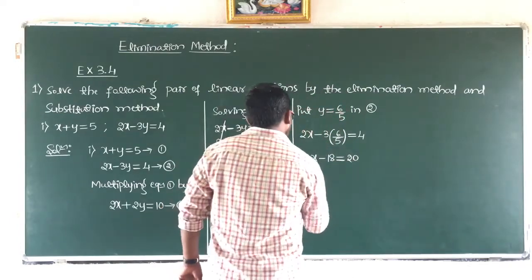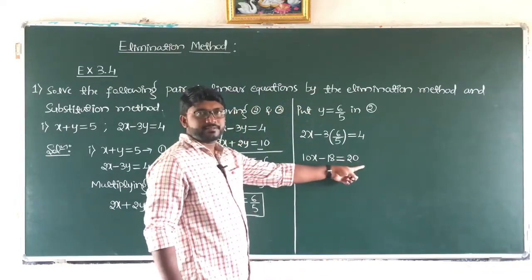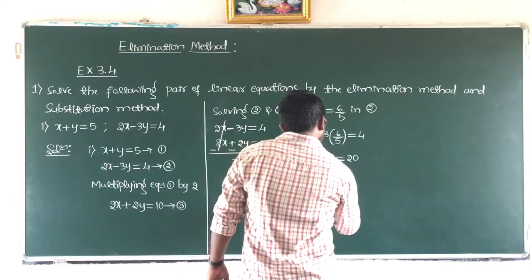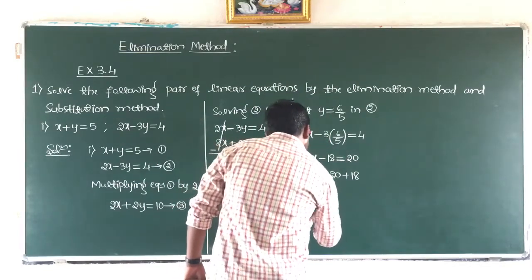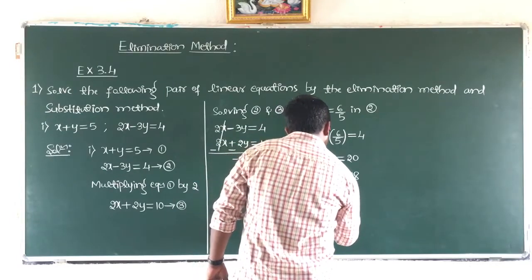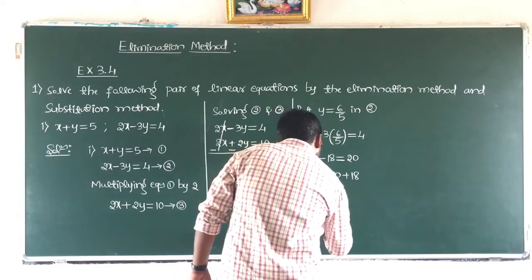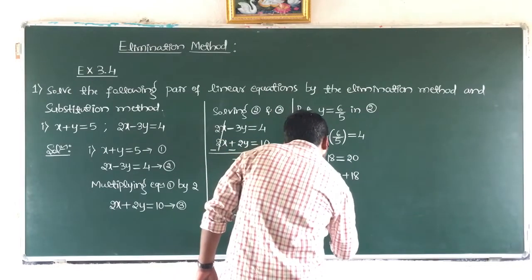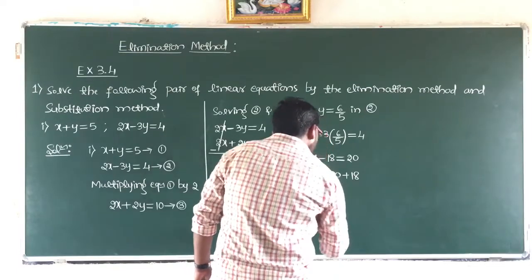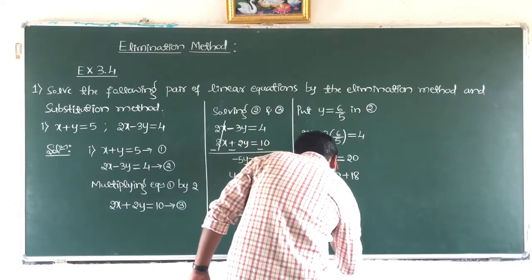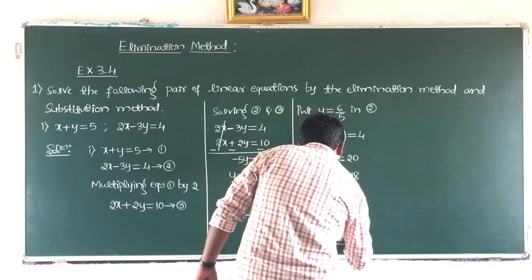Now 10x equals, taking minus 18 to the RHS, it becomes plus 18. So 20 plus 18, 10x equals 38. Now x equals 38 divided by 10, so it is 19 by 5. These two get cancelled in the two times table. So the x value is 19 by 5.